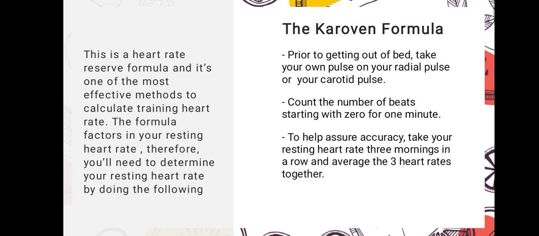Magbibilang ka po, 0 hanggang ilang beses siyang nag-beat. It is to help assure accuracy. Take your resting heart rate 3 mornings in a row and average the 3 heart rates together.